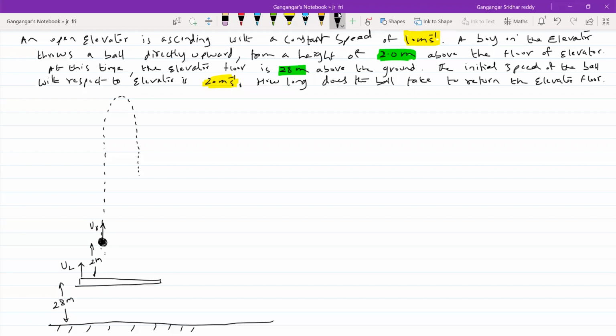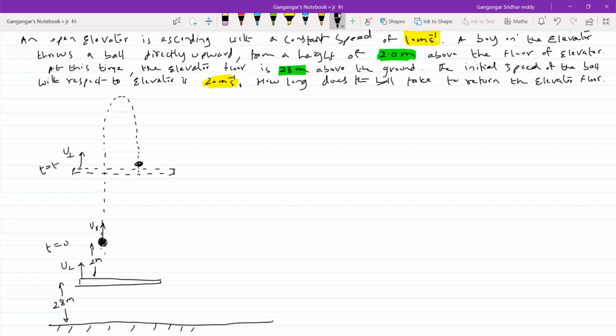Somewhere when the elevator is here, I'll put dotted, this will be the position. The elevator will continue to ascend. This is the t equals 0 situation. After some time t, this is the condition.